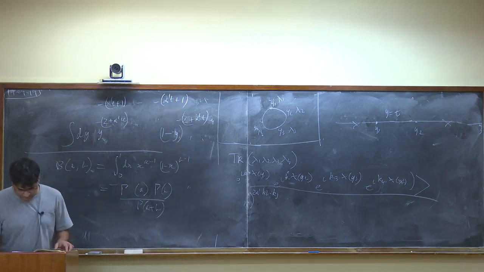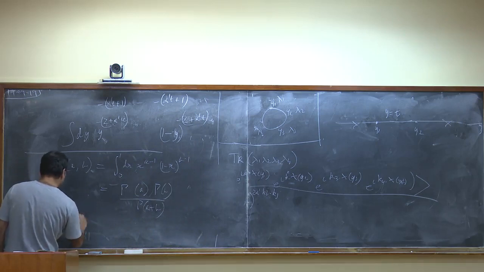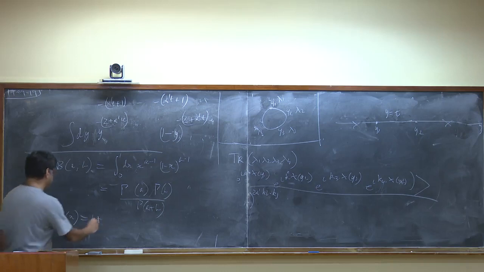Now, no doubt Polchinski has defined this as something, like he likes to do. Let's see. Yes, he has defined alpha of x is equal to 1 plus alpha prime x.